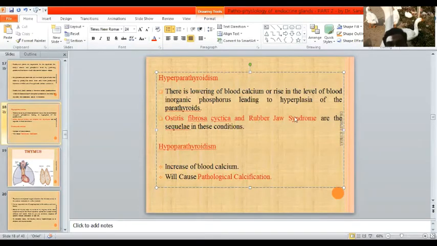These two terms are important for objective point of view. Particularly this rubber jaw syndrome is due to increased secretion of parathormone. And in case of decreased secretion, that is hypoparathyroidism, the blood calcium will decrease. Pathological, metastatic type calcification can occur in the body if the calcium level increases above 12 milligram per dl in the blood.